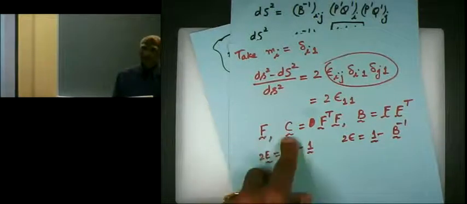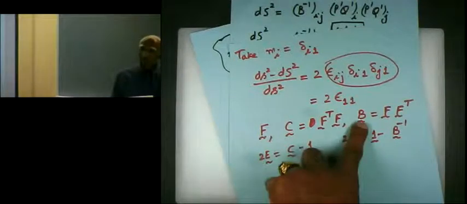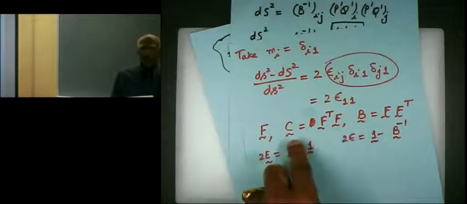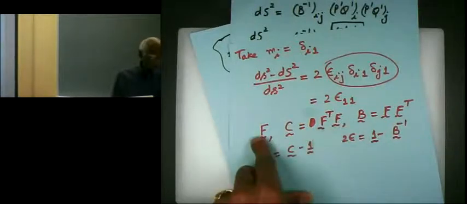If you know F, you can find C, because C is F transpose F, and B is F F transpose. So if you know F, you can find C, you can find B, you can find E, you can find epsilon. The reverse process is not always clear.